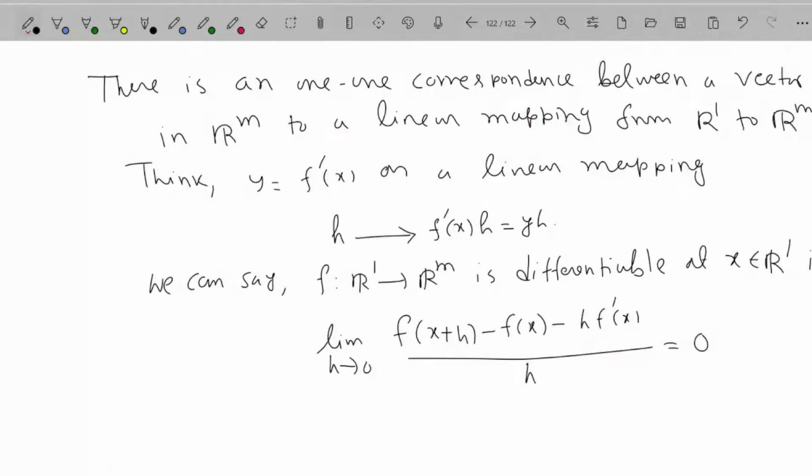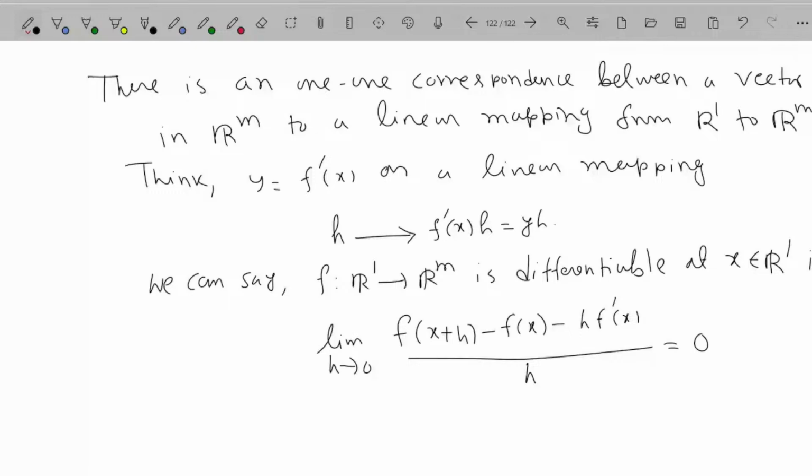This is your R of h by h equals 0. Now if you look at the numerator, it's a vector in Rm. We are dividing by the constant h, and this should equal the 0 vector.